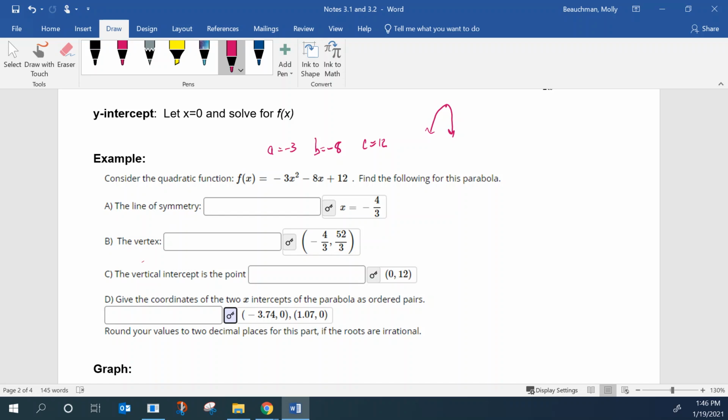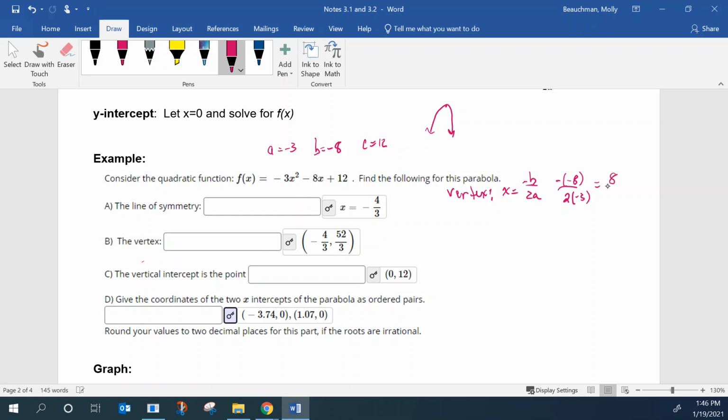So let's find the vertex first, because that will let us know what our axis of symmetry is. I've got the answers here as well. The x-coordinate of the vertex is negative b over 2a. b is negative 8, so I would get negative negative 8 over 2 times a, which is negative 3.